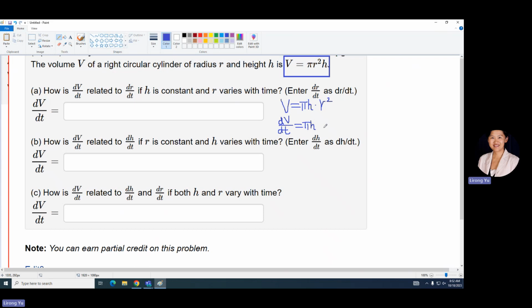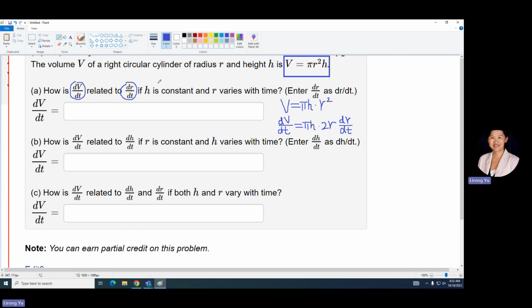Yes. So this is going to multiply by 2r and then r prime. Or we should write dr/dt in this question, because we were asked to find the relation between these two, so we're kind of forced to use that notation. Right, so that's pretty much how it's being calculated.